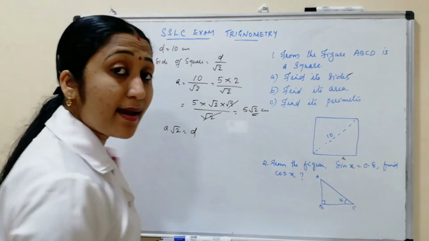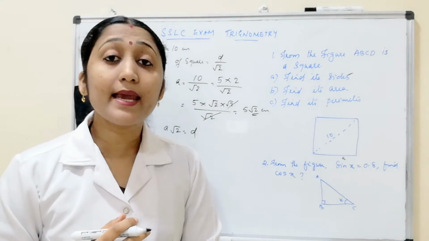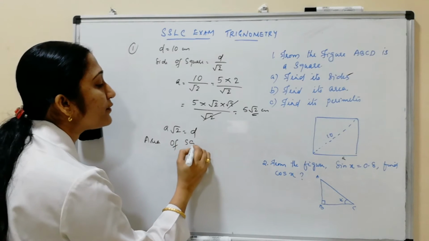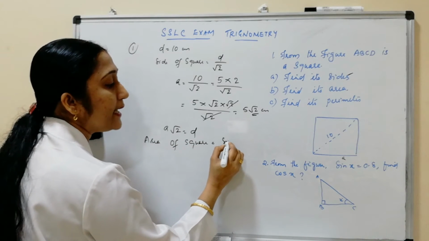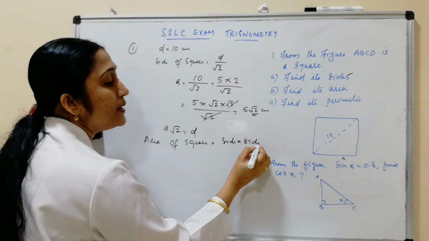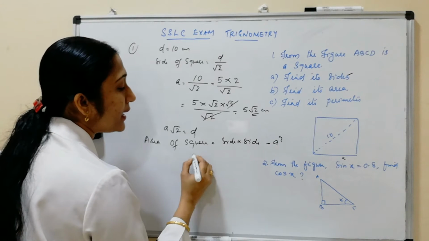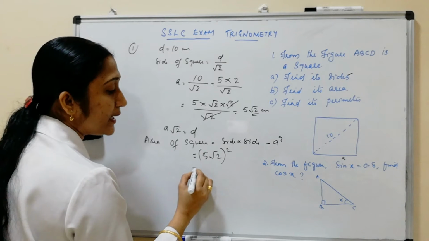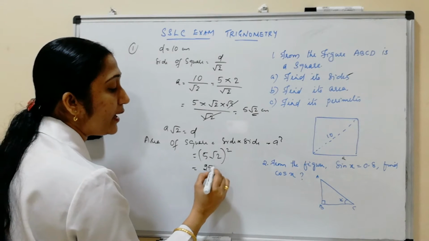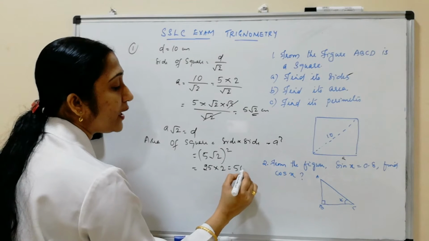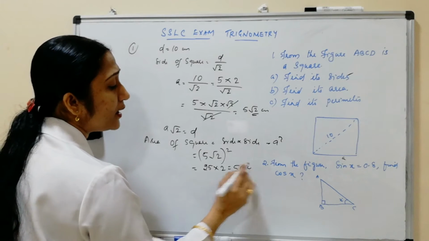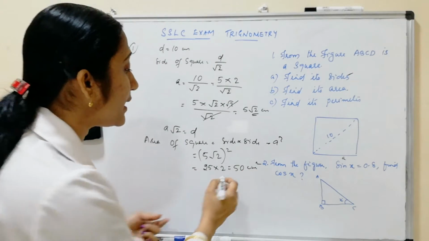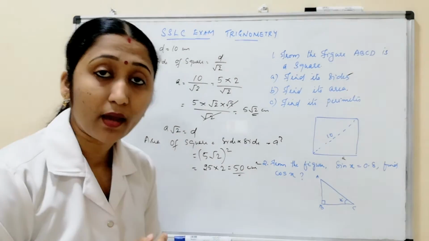Next, find its area. Area of a square is equal to side into side, or side squared. Here 5 root 2 is the side, so the whole square is 5 squared, which is 25, into 2, which is 50 centimeter square. 50 centimeter square is the area of the square.